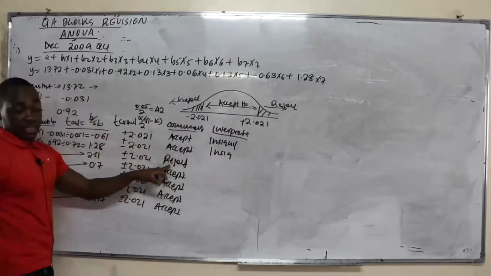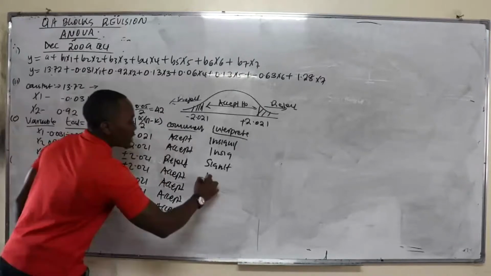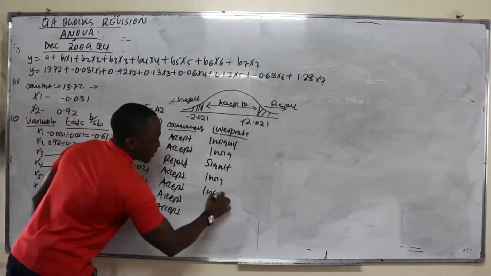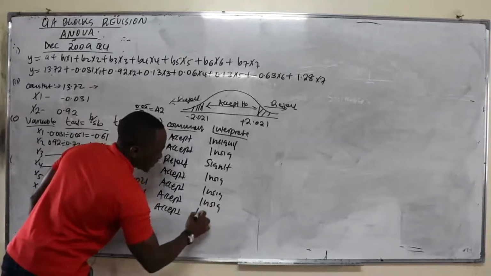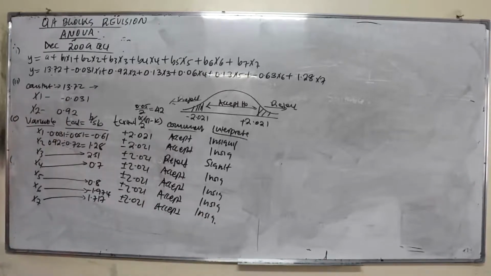Reject means significant. So what does it mean? It means that of all the variables incorporated in your model, the only variable that is significant to your model is X3. What was X3?